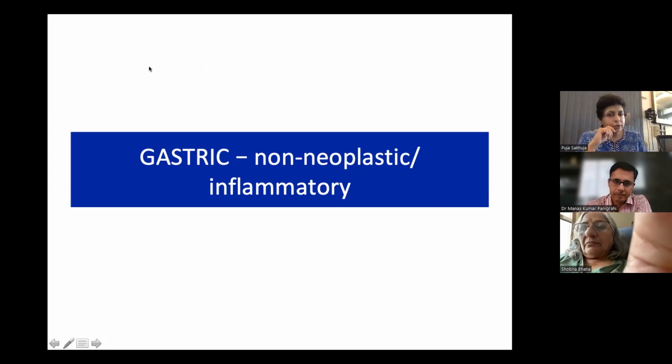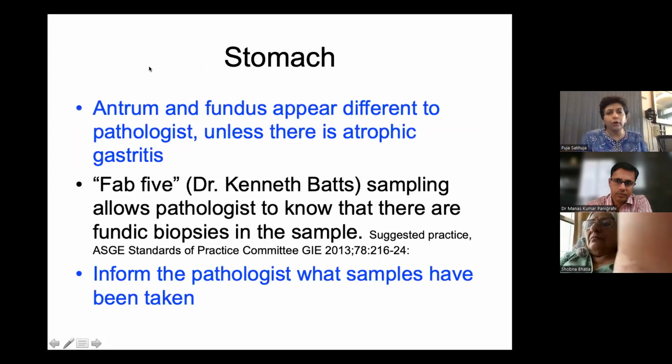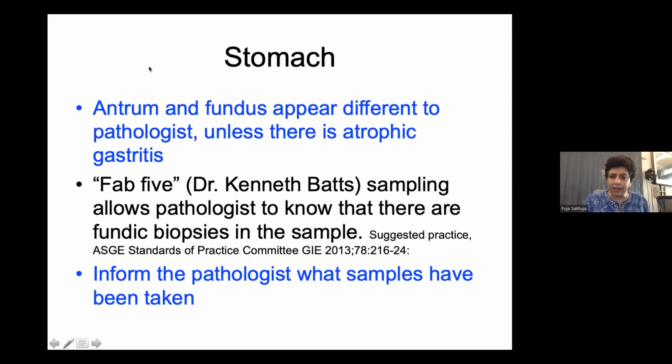So now, quickly, I'm moving to the non-neoplastic and inflammatory lesions of the stomach. So the stomach, antrum and fundus are clearly different. I showed that to you earlier, but if there is atrophic gastritis, it can look similar. So what are the biopsies that we receive?